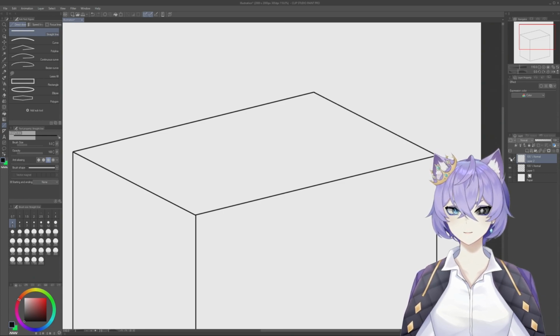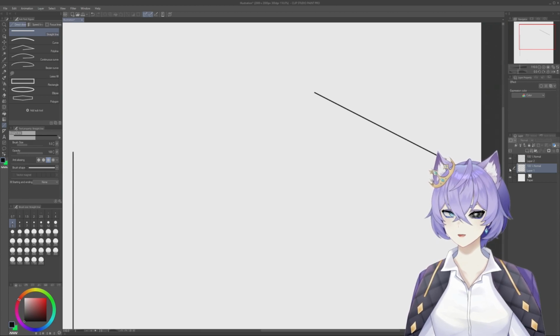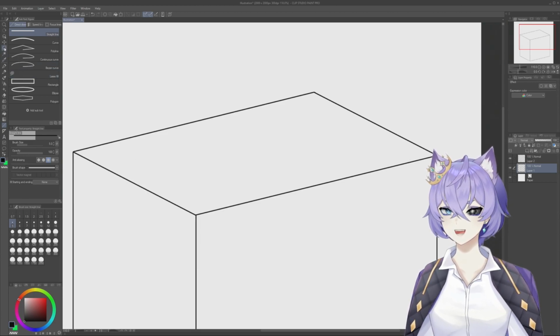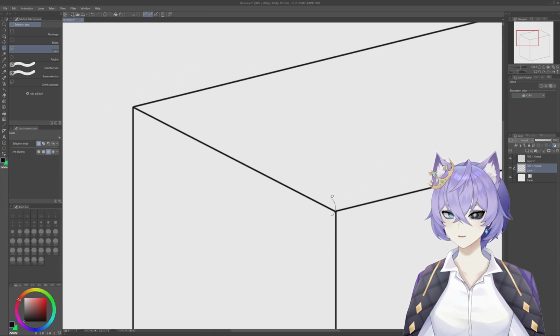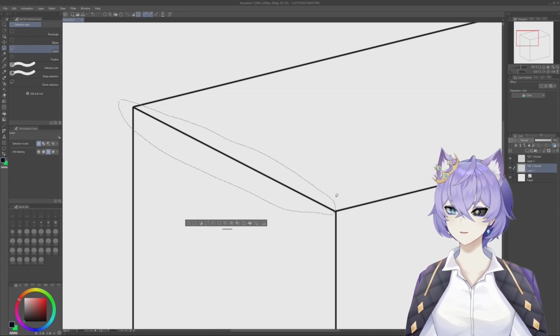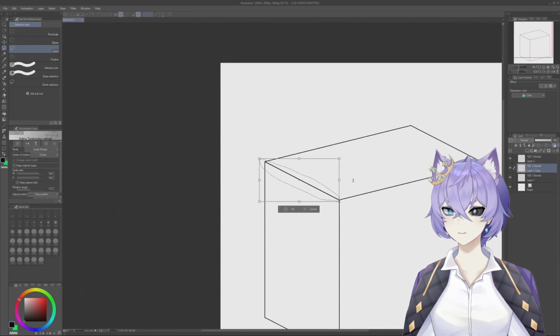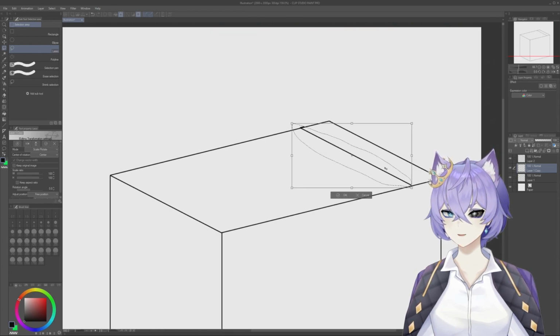Wait. Wait. Something's wrong. What if I just take this line, copy it, paste it, move it over. It's the exact same line.